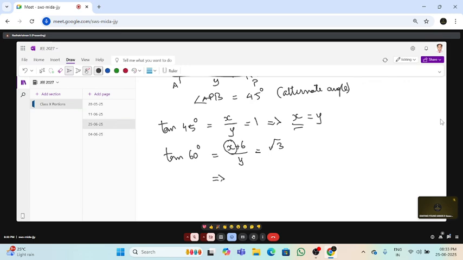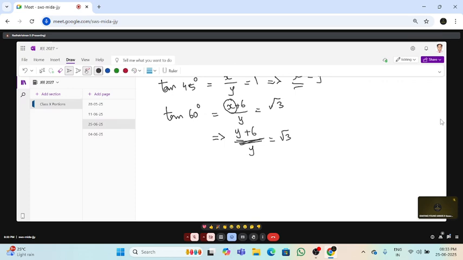And from this, can you solve for Y? That's all is needed. You have to determine Y, right? You have this equation Y plus 6 divided by Y equal to root 3.